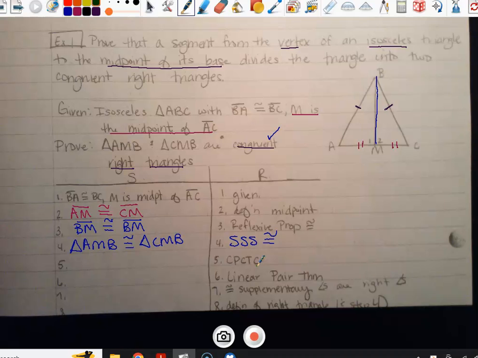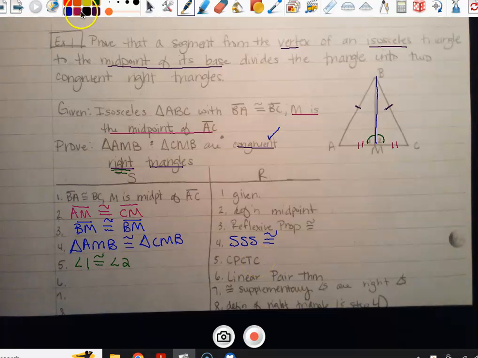Well, if we're trying to prove that it's a right triangle, we want to prove that the right angles are congruent. So we want to prove that angle 1 is congruent to angle 2. We've already proved that the triangles are congruent, but now we want to actually state it. So angle 1 is congruent to angle 2 because corresponding parts of congruent triangles are congruent.